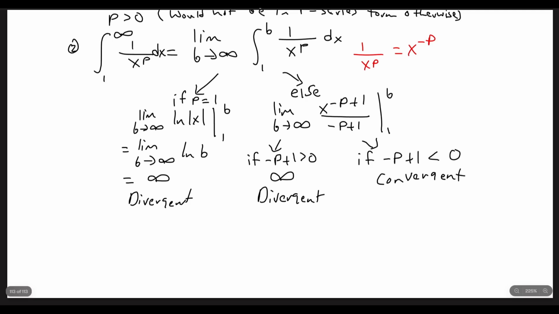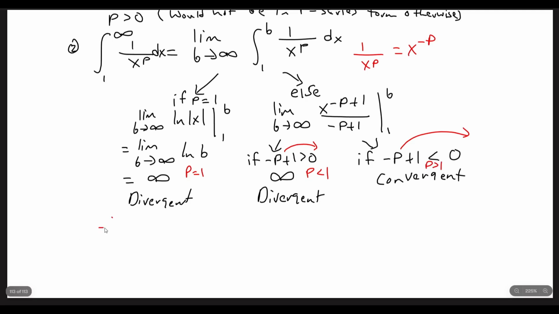Now I'm just going to rewrite these inequalities here. This would be p equals 1 divergent. Move the p to the other side. This would be p is less than 1 divergent. Move the p to the other side. P is greater than 1 convergent.